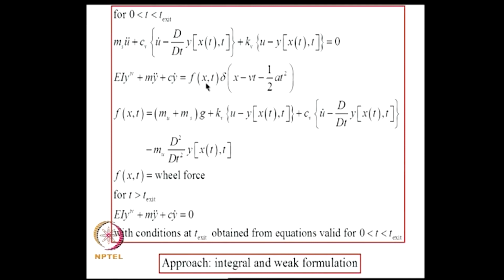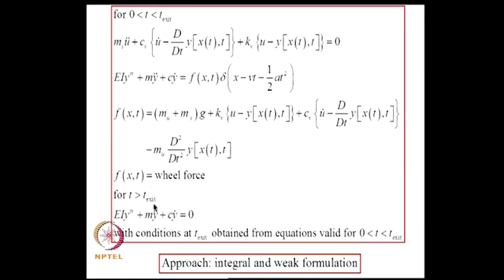F of x comma t is the wheel force that consists of the weight of the vehicle, the force transferred from the spring and the force transferred from the damper, and the inertial force of the unsprung mass, and this is a concentrated force whose point of application changes with time as the vehicle moves, and that is depicted through this Dirac delta function. So, f of x comma t is the wheel force.